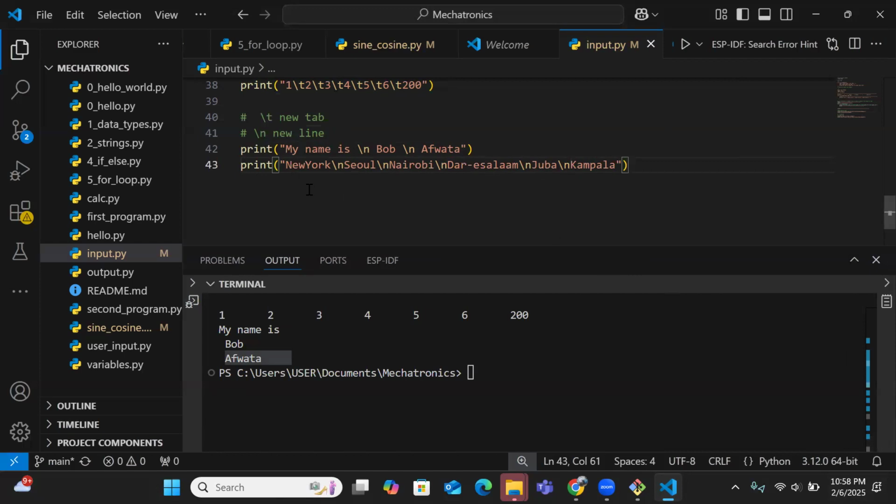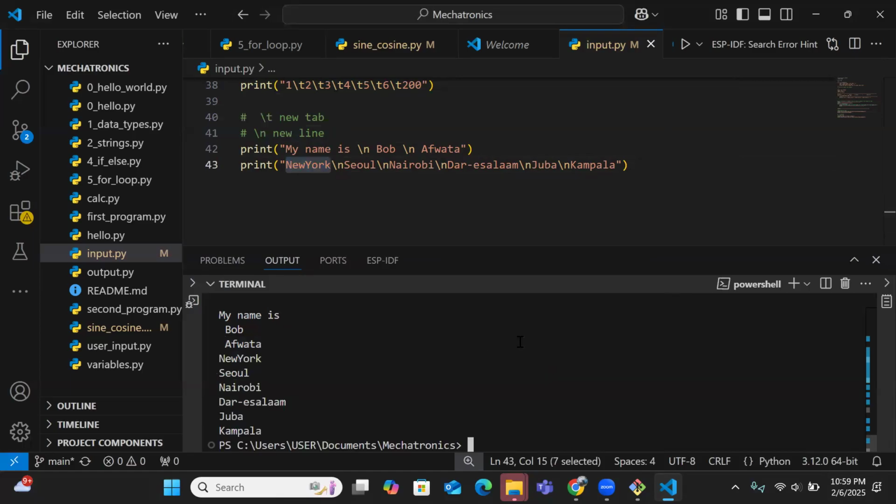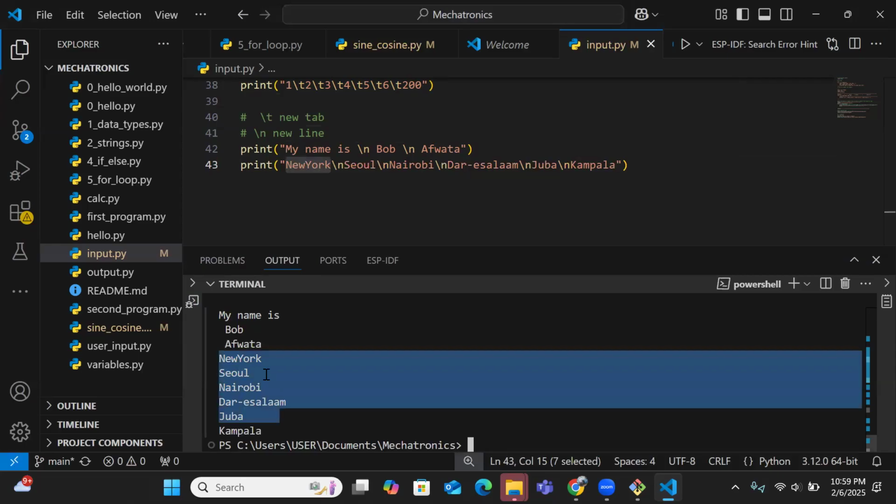Okay. Then each one of them will be on its own line. Can you see? Guys, can you see? They're on their own line.